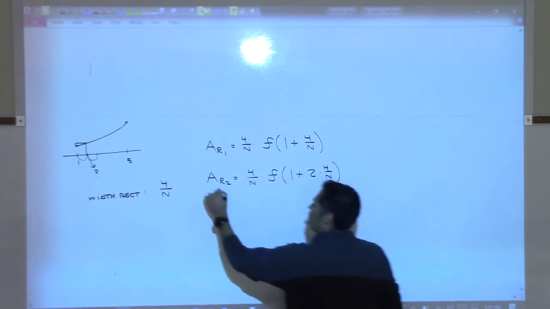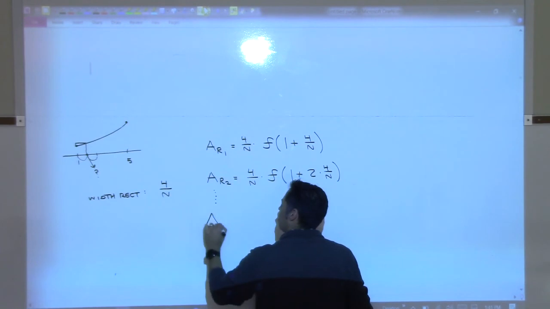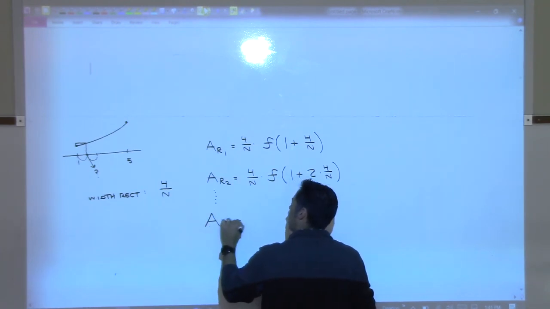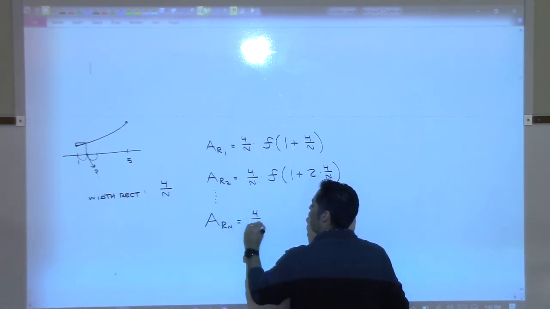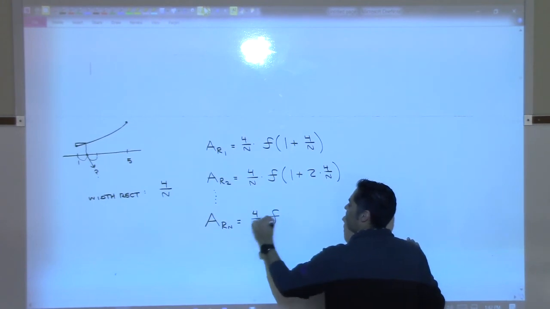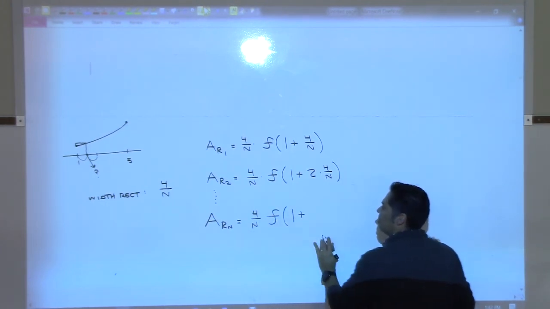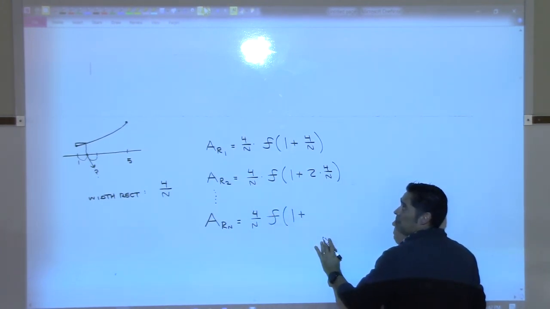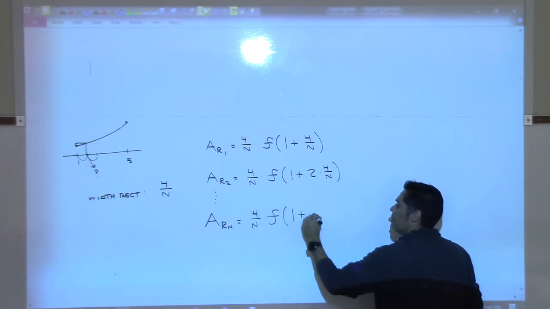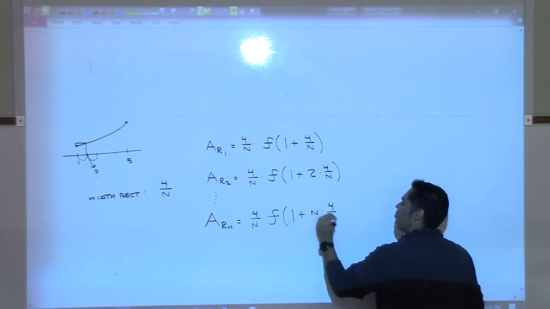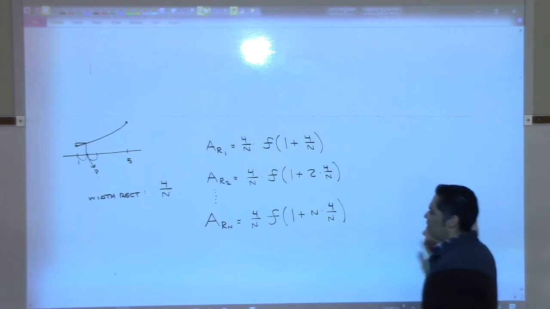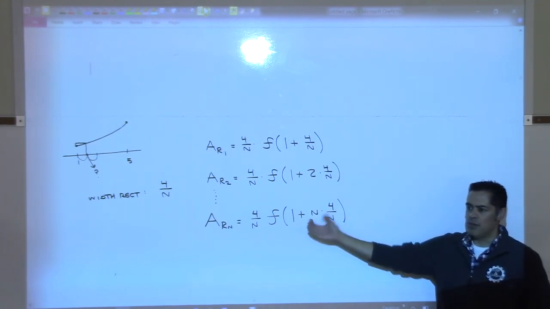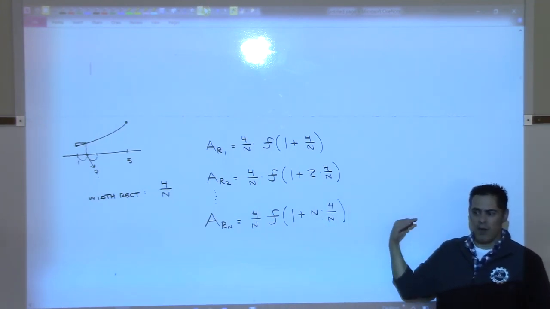So what should we get when we get to the nth rectangle? Still 4 over n wide. f of 1 plus, how many jumps have we made? n of them. So n 4 over n's. And you can verify that the n's would cancel and you would get 5, which is the right endpoint.